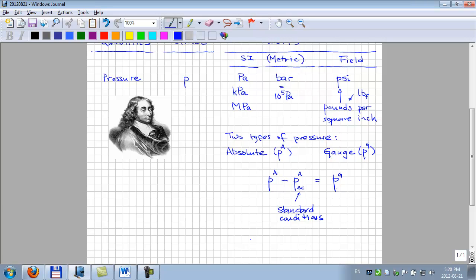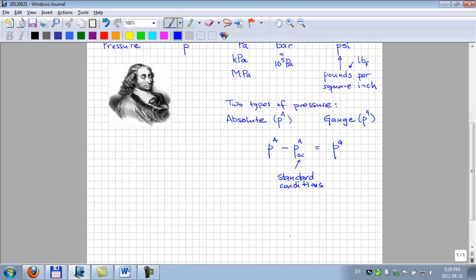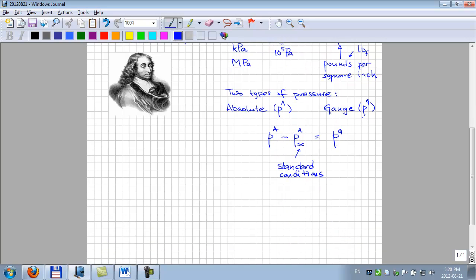Around 1 atmosphere, a little more than 1 bar, 14.7 psi. But this is the concept of gauge pressure and absolute pressure, and by definition the gauge pressure is equal to the absolute pressure minus the absolute pressure here.